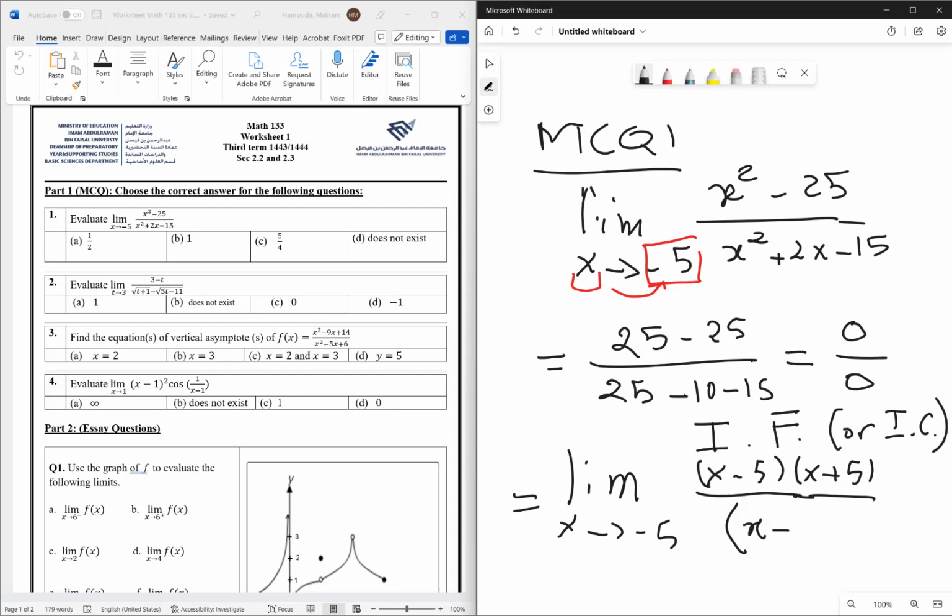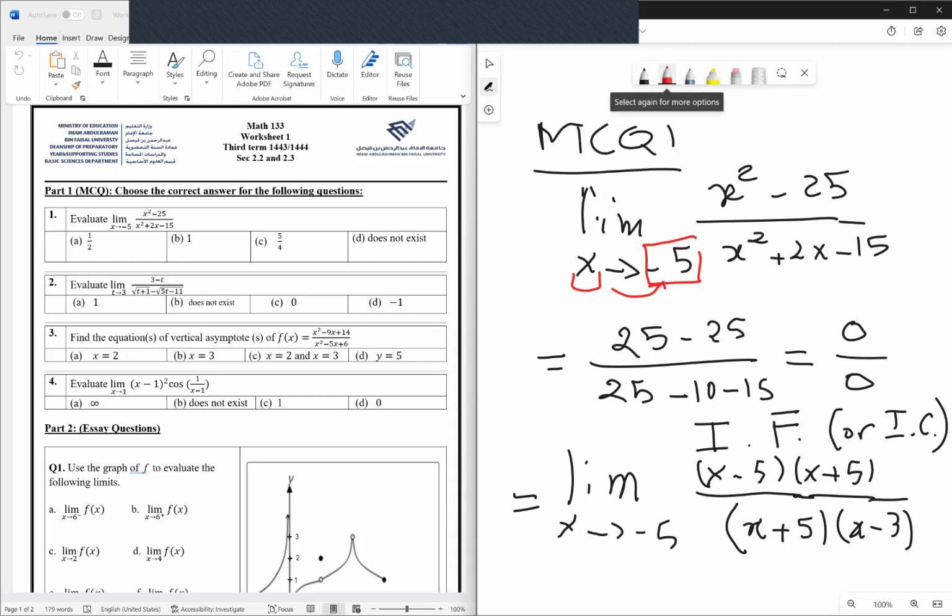It's x plus 5 times x minus 3. Okay. In general, for factoring, we try to guess and see what happens if it is correct or not. Here, I have x times x, it's x squared, and 5 times minus 3, this is minus 15, and the middle term 5x minus 3x, which is 2x. So my factoring is correct.